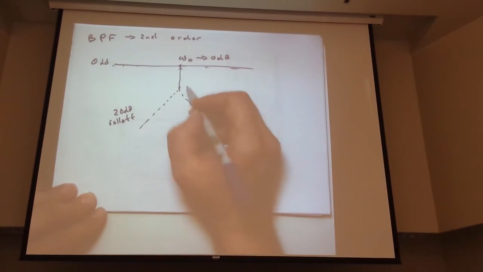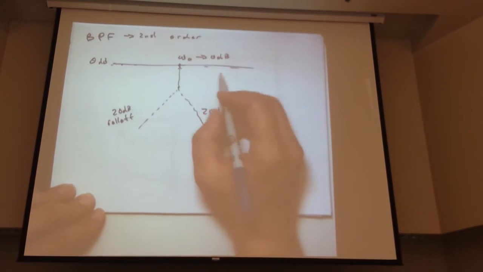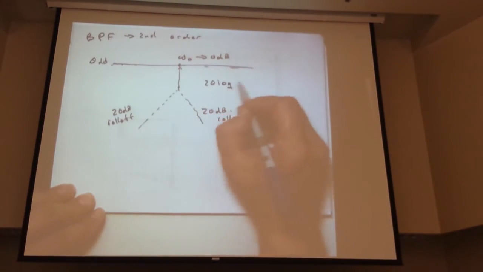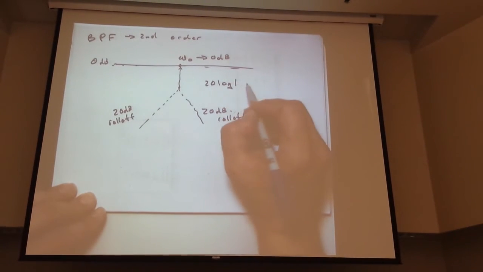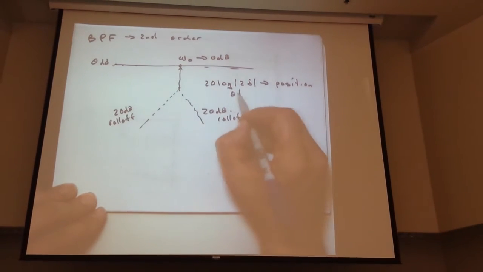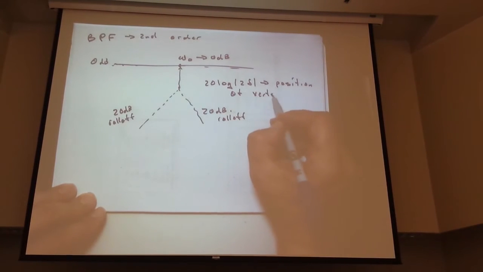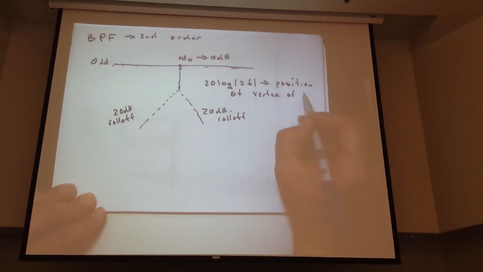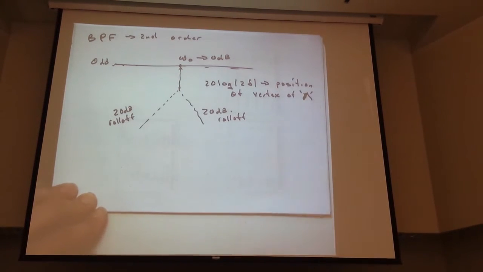This distance here, 20 log 2 times the damping ratio, is the position of the vertex. No, let's make it inverted.